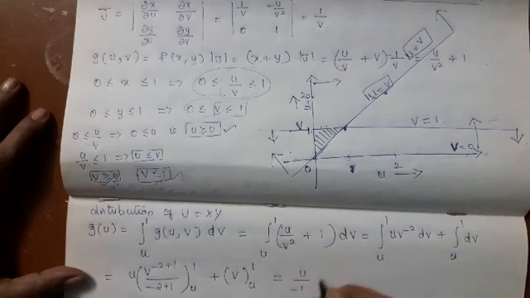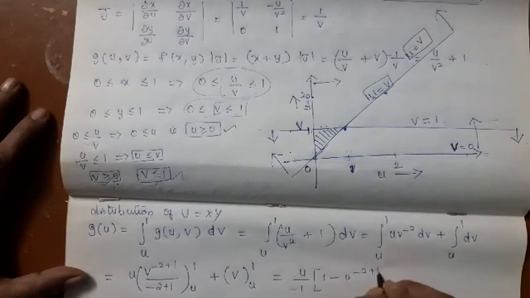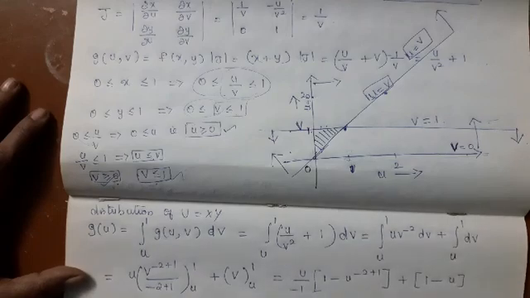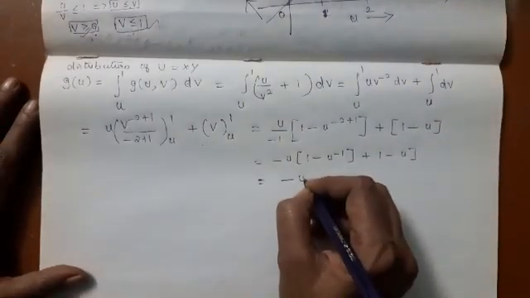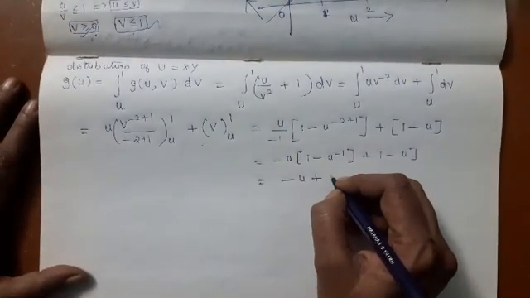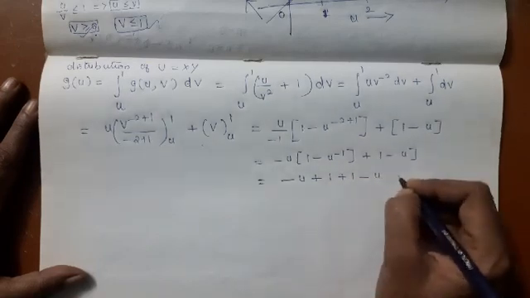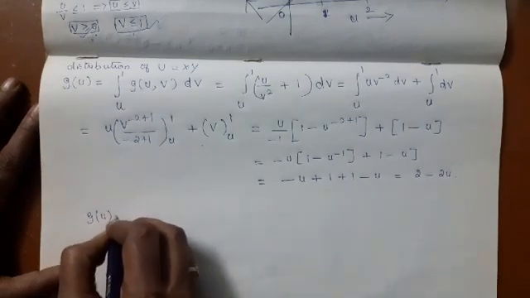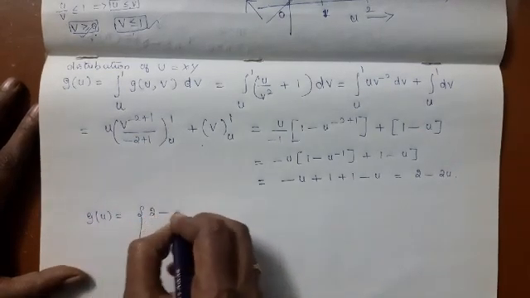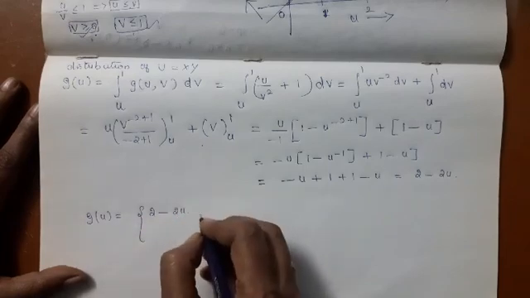So u by minus 1, 1 power anything is 1, minus u power minus 2 plus 1, plus 1 minus u. So you have minus u into 1 minus u power minus 1, plus 1 minus u. You just multiply minus u, minus into minus plus 1, plus 1 minus u. So you have 2 minus 2u. So write g of u is equal to 2 minus 2u, right?